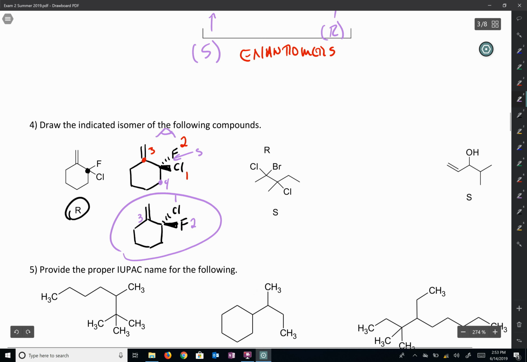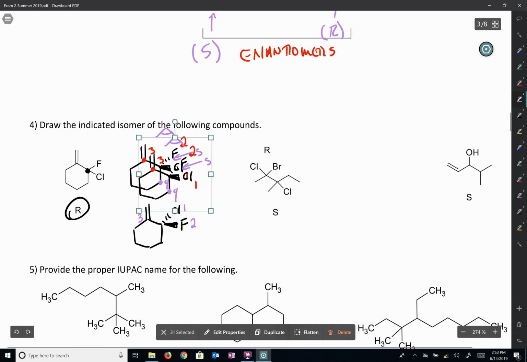So this is my R enantiomer there. Okay. So quick recap, all I'm doing is drawing both enantiomers and then just assigning R and S. Not the only way you can do it, but whichever way is just fine.